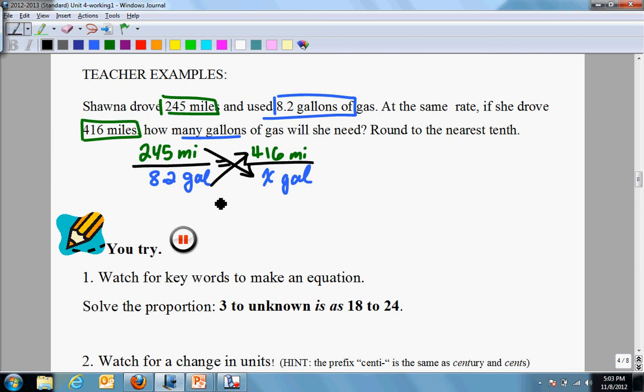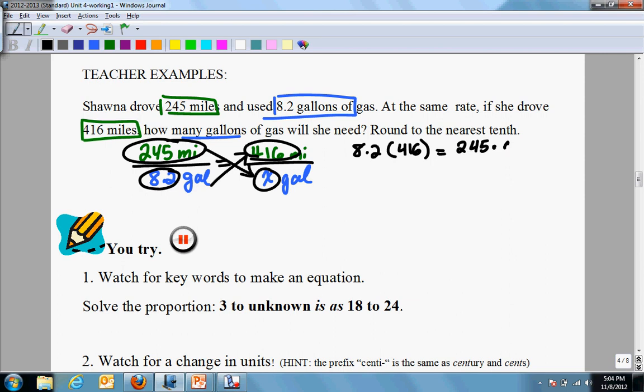So we draw the cross multiplication arrows, and we're going to get 8.2 times 416 equals 245 times x. Now we're going to solve for x here.